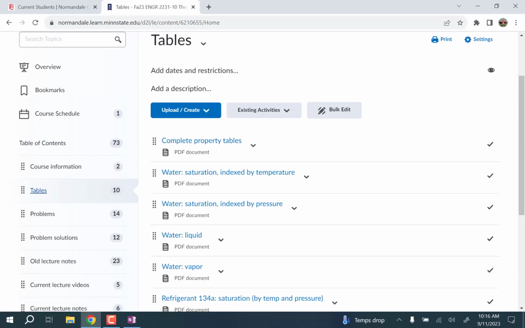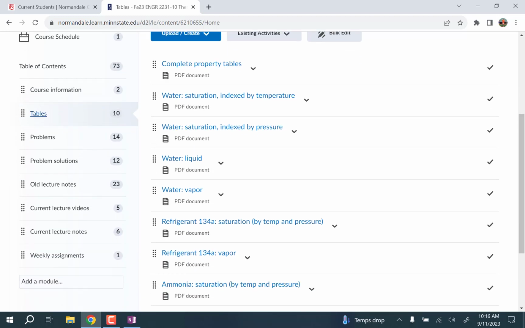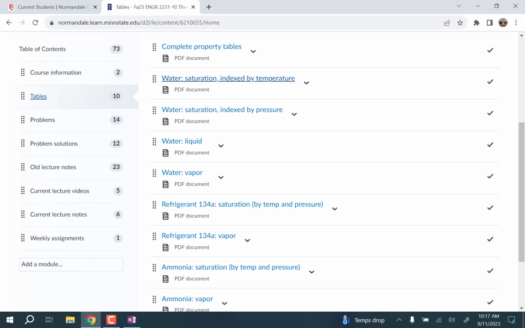These are the tables for the materials that we're going to be using on homework problems. So let's first look up water at saturation indexed by temperature. This just says saturation. Water.